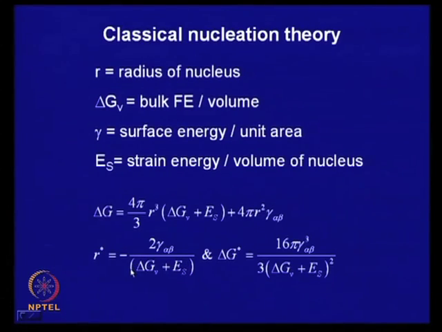In that case, the magnitude of the denominator will become smaller, because this is negative, and r star will be larger. So the critical nucleus size will increase.